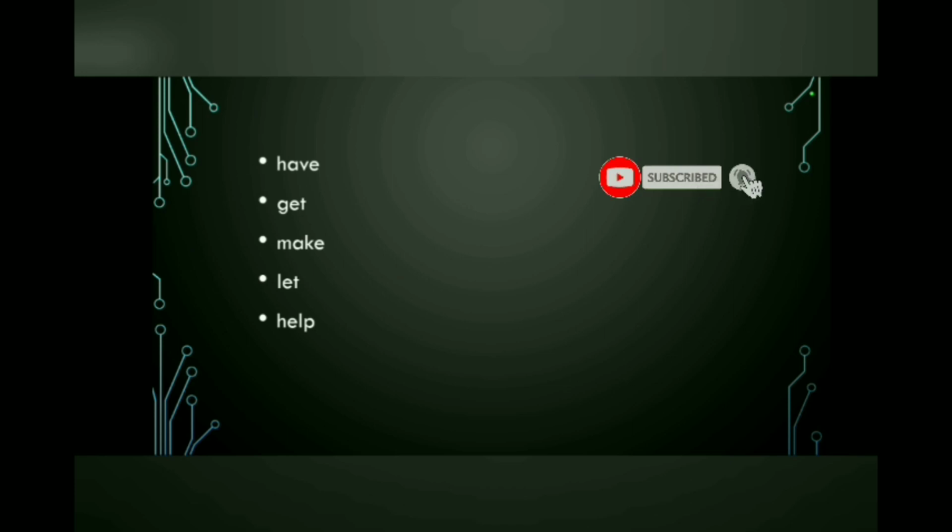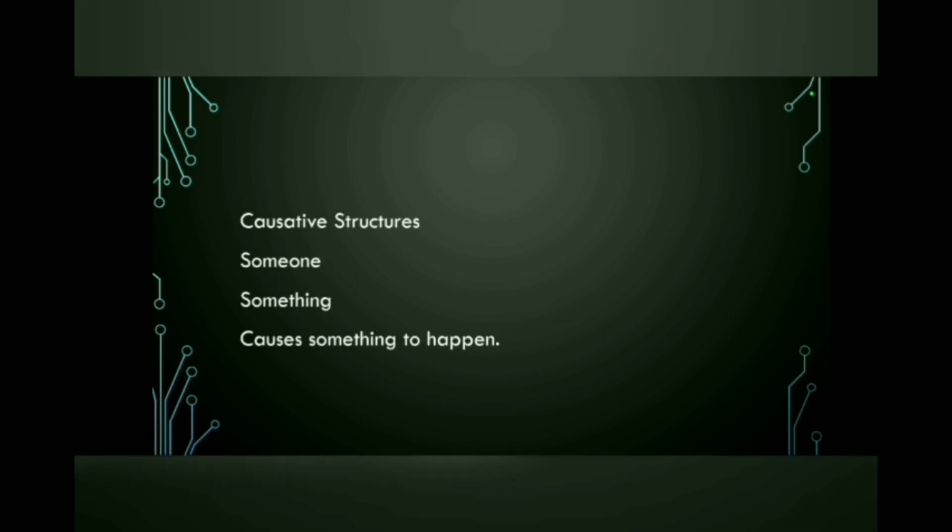Today we are going to be talking about causative verbs, in particular have, get, make, let, help. We use these 5 verbs with causative structures, meaning that we use them to say that someone or something causes something to happen.